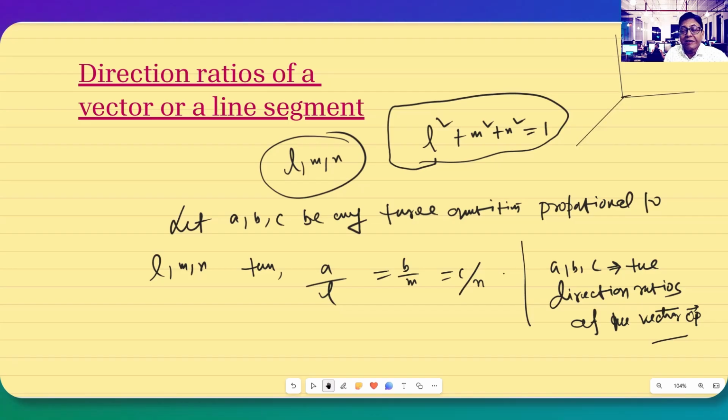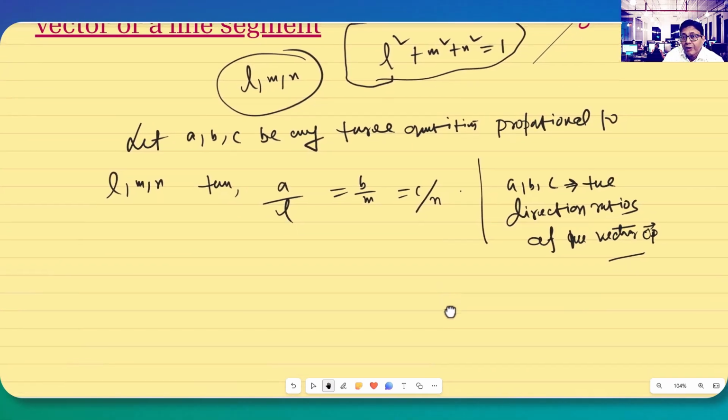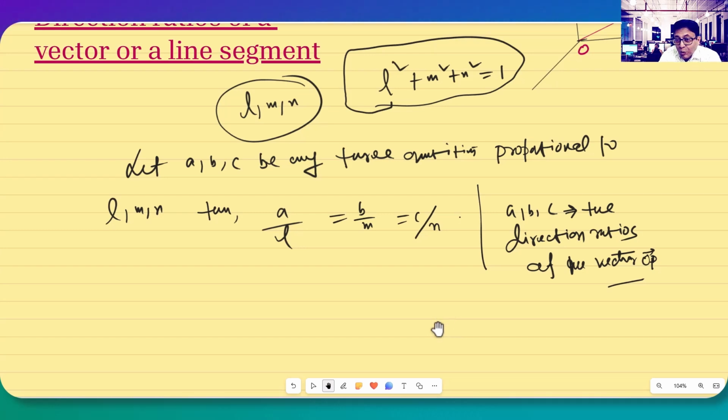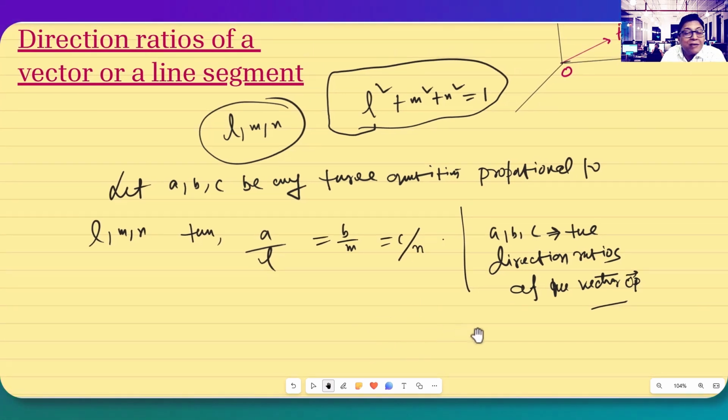Any line segment can be taken as a vector. So OP is a vector. This vector has direction ratios A, B, C. Then A, B, C will be proportional to L, M, N, so that we can write this relation. Don't be confused. We are defining A, B, C as any three quantities proportional to L, M, N. I'll explain more on it, but let us proceed mathematically first.